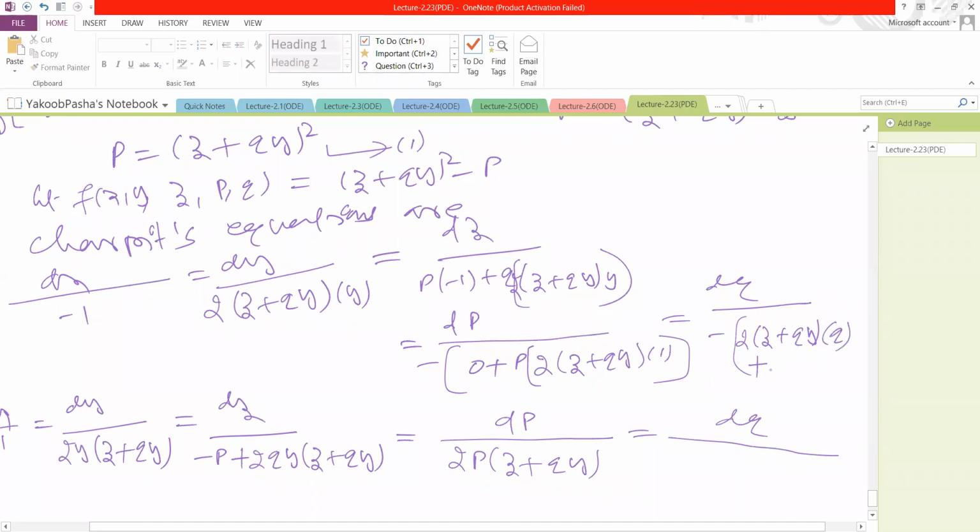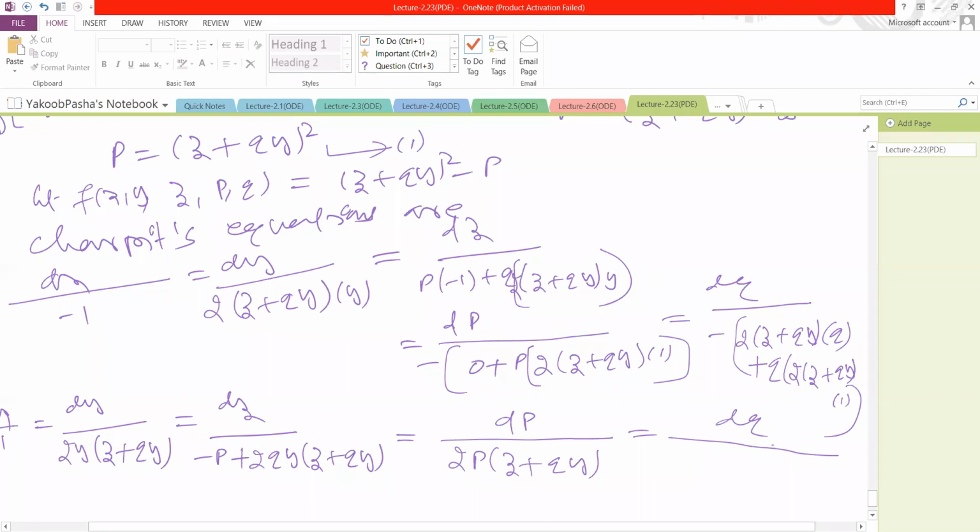Plus q into fz means 2 into (z plus qy) into, again differentiate z plus qy, we get 1. So both are the same terms, 2q (z plus qy), 2q (z plus qy).